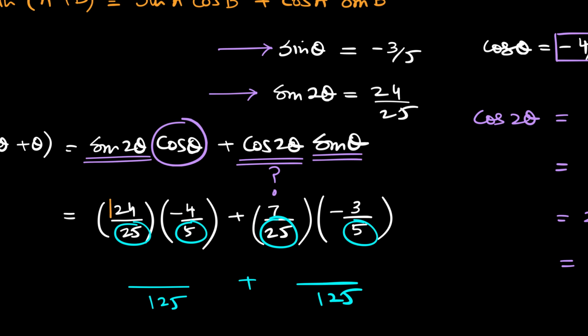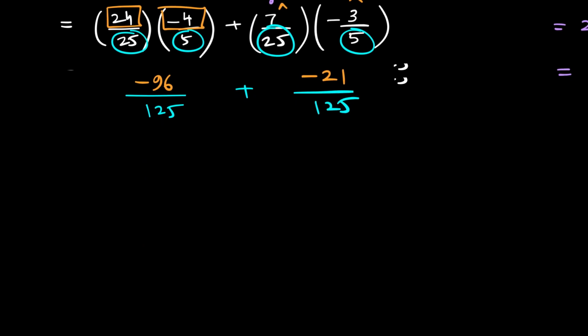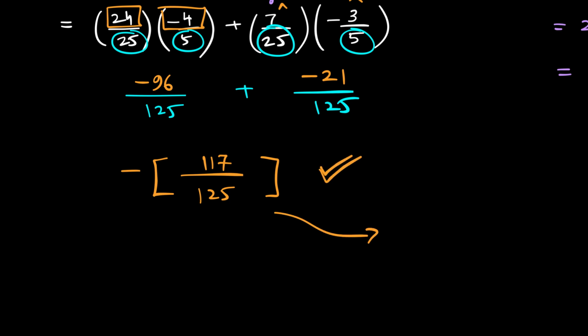And when we multiply 24 into 4, that is negative 96. When we multiply 7 with negative 3, that is negative 21. So we add it up and the overall sign is negative. So 125 is in the denominator. 96 plus 21 is 117. After the addition, that goes at the top. This is the value of sine of 3 theta.